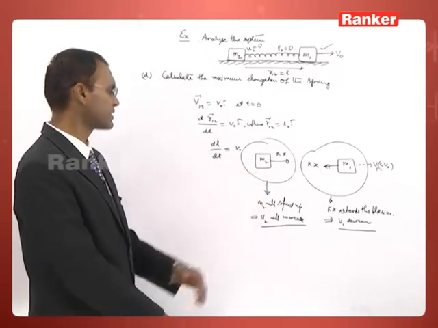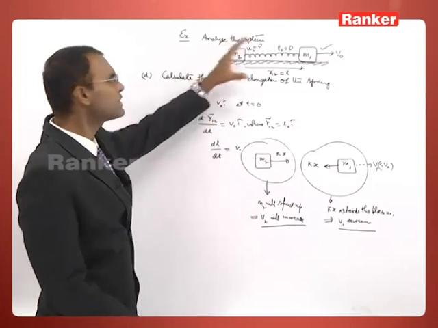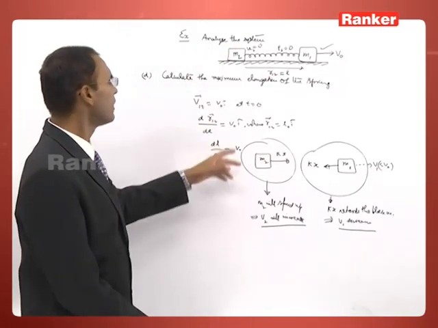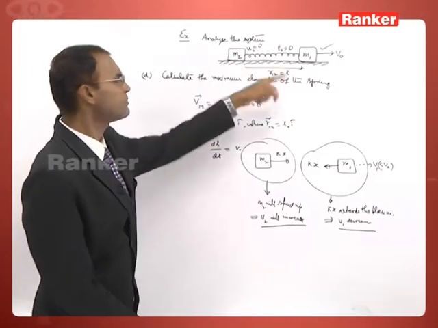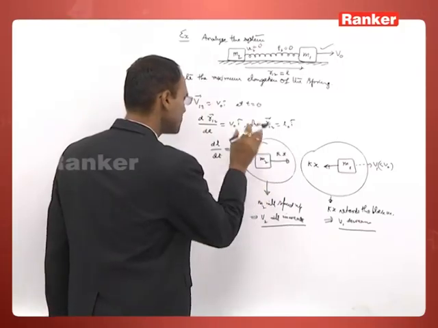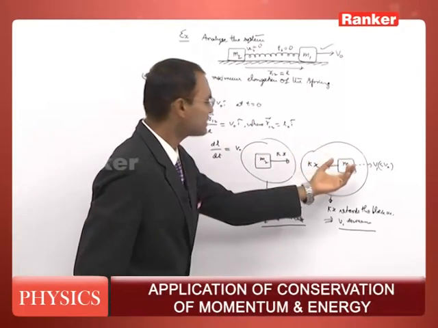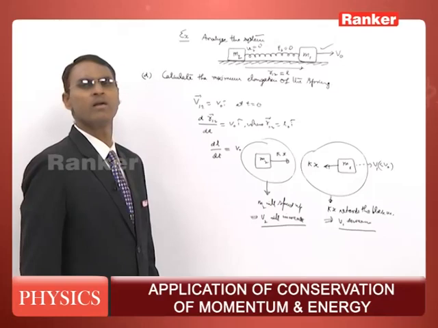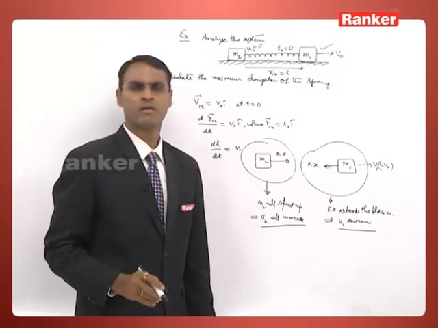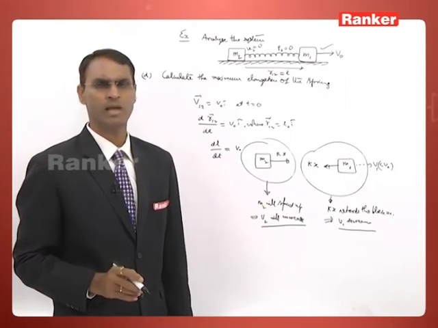We can understand this by analyzing each block physically, by drawing the free body diagram on each block along horizontal direction. When this block will speed up, this block will slow down, time will come. Both the blocks will move with some velocity at any instant.